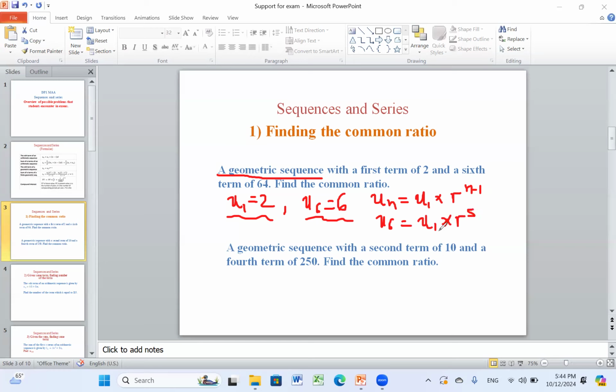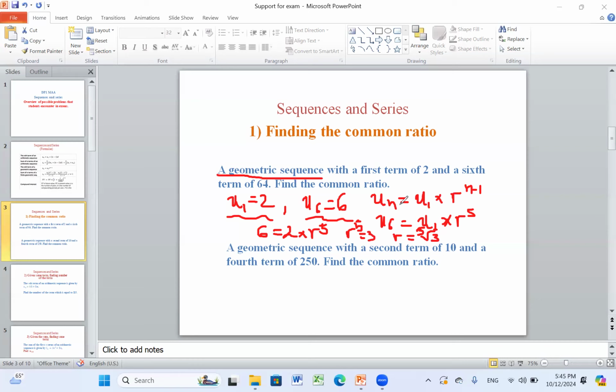If we place everything in its place, U6 is 64, U1 is 2, times our ratio, which we don't know and are going to find, to power 5. So actually, the ratio to power 5 is equal to 32. And from here, we get the ratio is equal to the fifth root of 32.